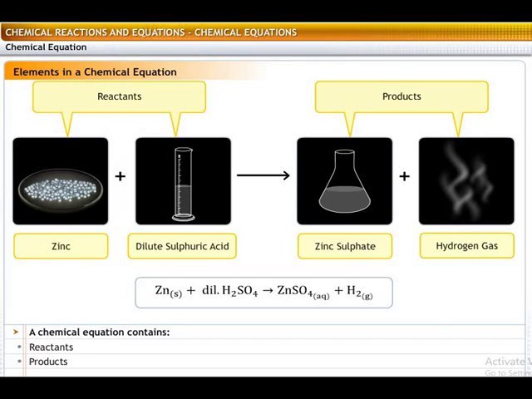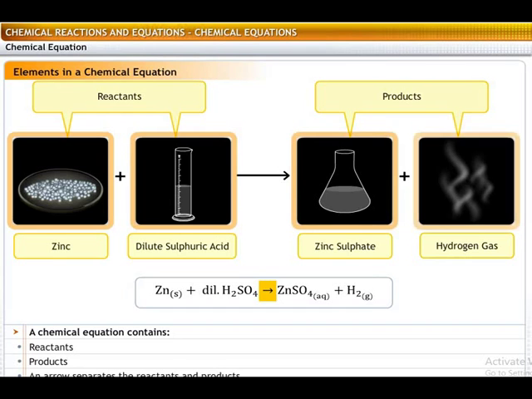For example, in the equation, zinc sulfate and hydrogen gas are the products. Hence, they are on the right. An arrow separates the reactants and the products and also indicates the direction of the reaction. Thus, in the reaction you saw, the arrow indicates that zinc and sulfuric acid react to form zinc sulfate and hydrogen.